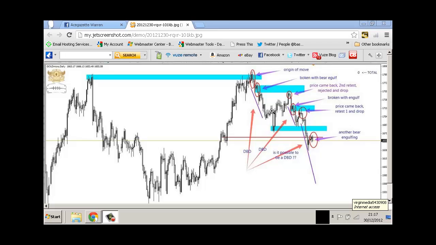Push price up, and it's pushed price up to this supply zone just here. But also as it's pushed up, these wick highs have consumed all the supply up there.